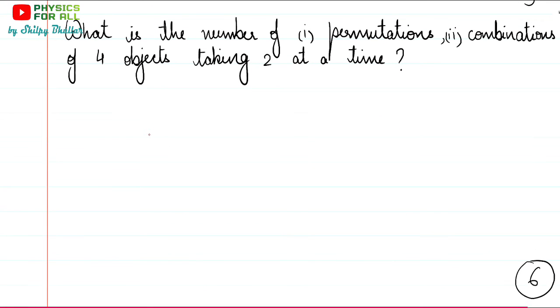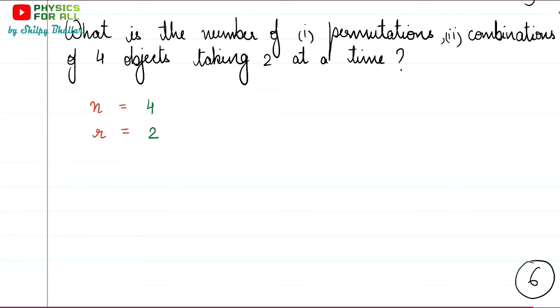Let's practice one example. The question states: what is the number of permutations and combinations of 4 objects taking 2 at a time? So we have to find the permutation and combination for the same. First write down what is your n and what is the r. Total number of objects n is 4 and we have to select 2 at a time.